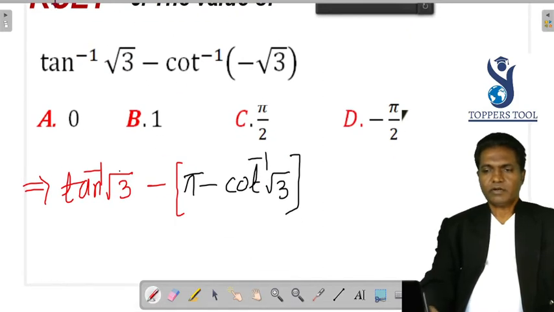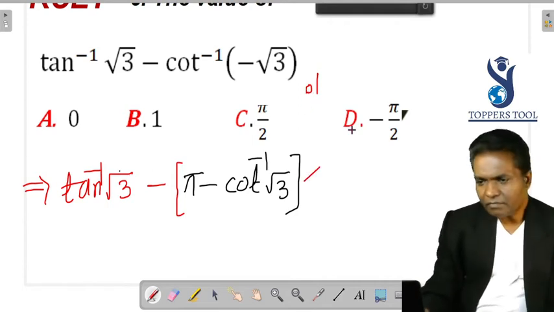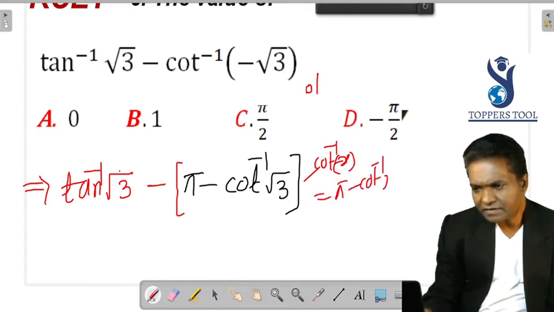So remember that cot inverse of minus x is pi minus cot inverse x.